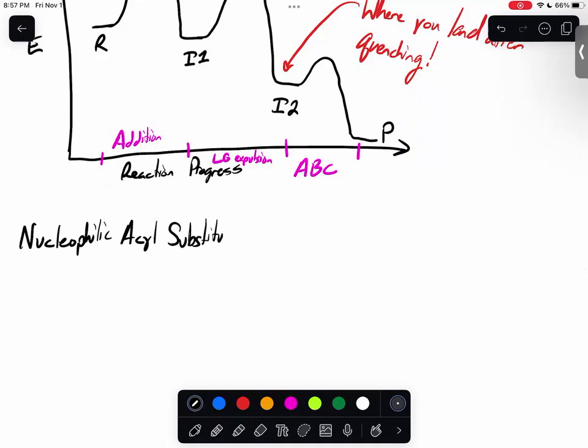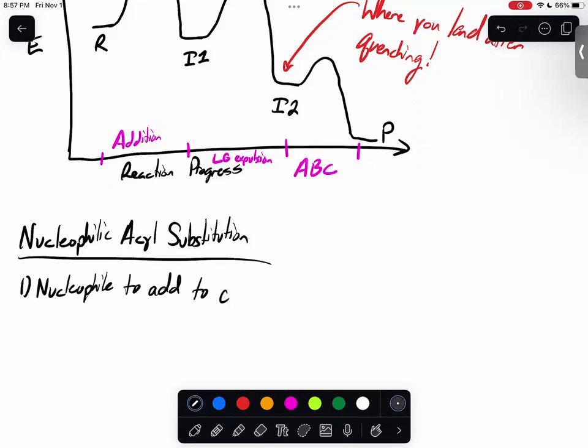The first thing we need is a nucleophile to add to a carbonyl, right? That nucleophile has to be relatively unstable because, again, it's all about the stable leaving group that we're kicking out.